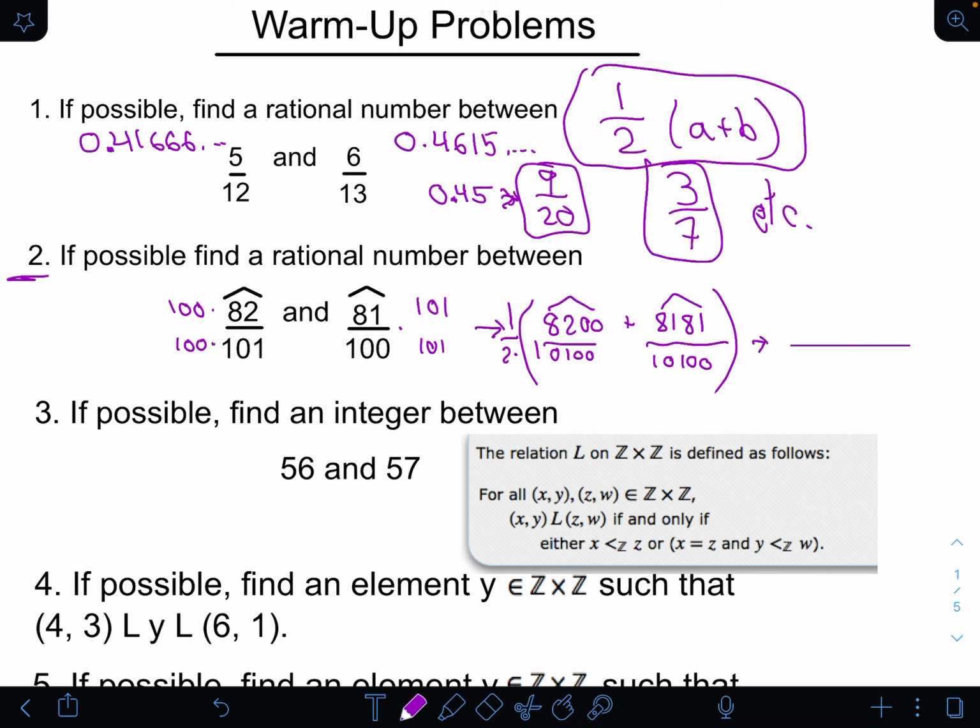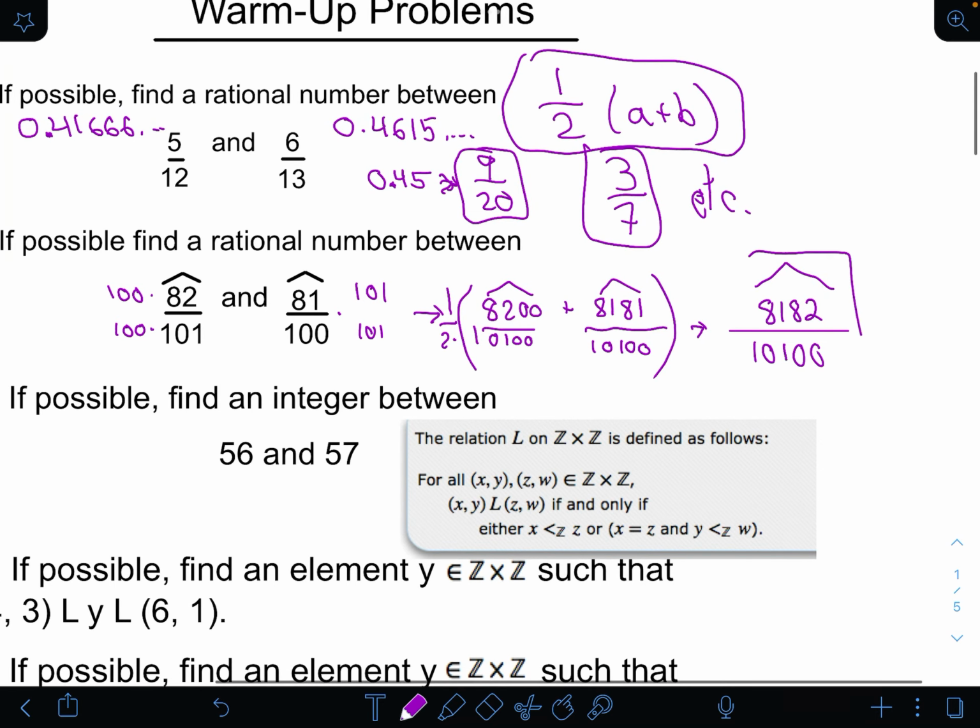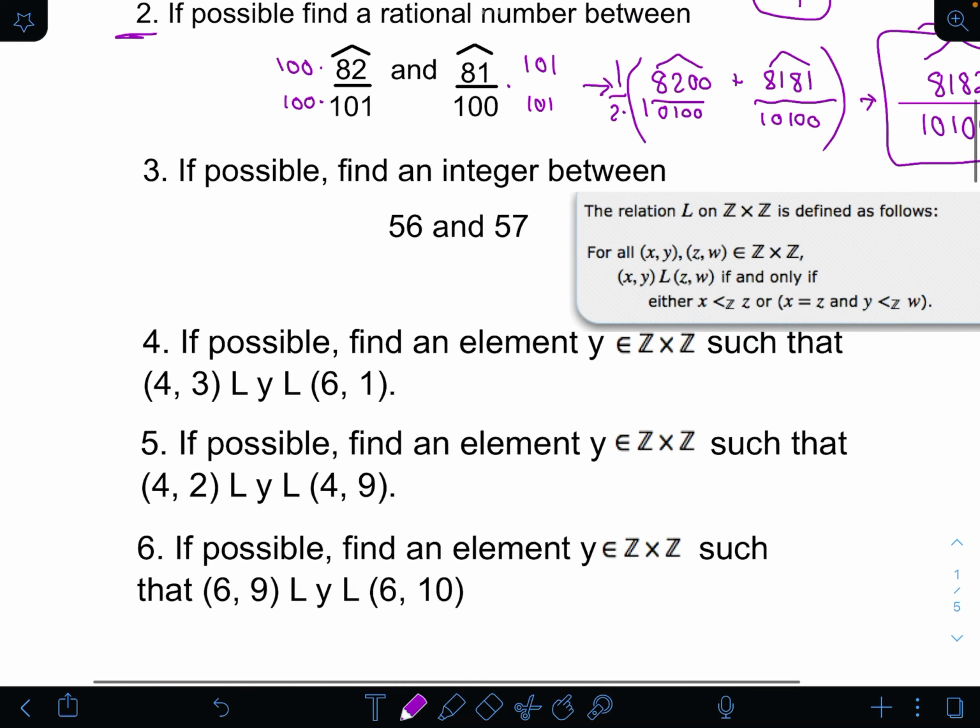I'll just make something with the denominator 10,100, and a negative anything between -8,200 and -8181. So like -8182 would work, -8183, -8,199 would work. Again, this is just one possible example, but please study and practice with this kind of exercise.